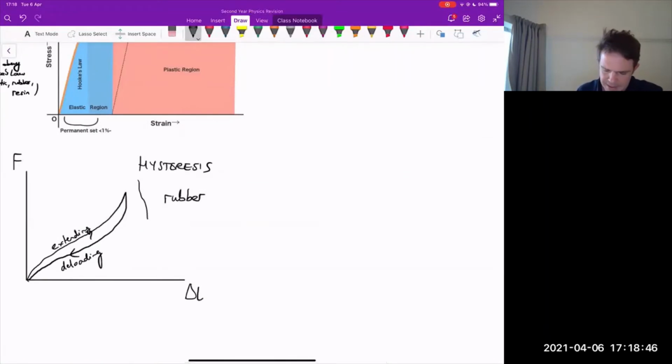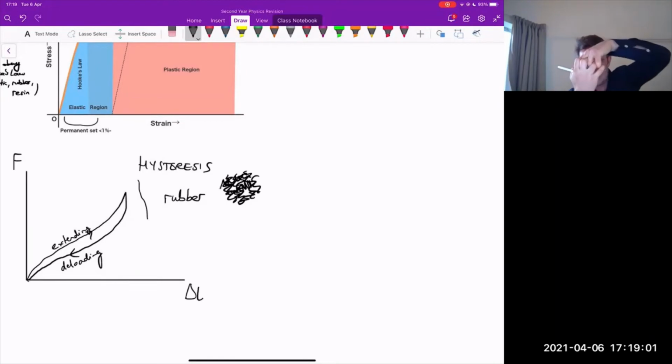If you're interested, I will however say, typically rubbers are made of longer chain molecules which are sort of tangled together. Imagine a rubber band, it's made of these long molecules which are all tangled. When you first stretch the rubber, you have to break intermolecular bonds between all those tangled molecules.